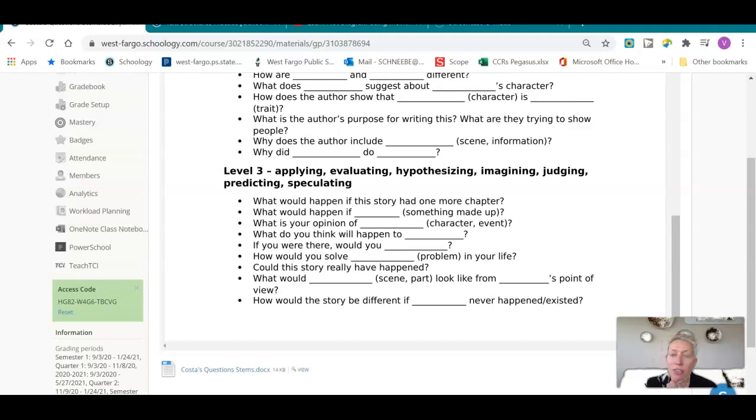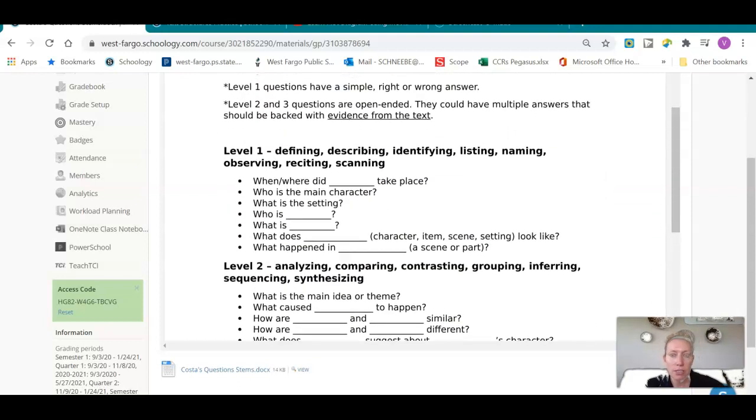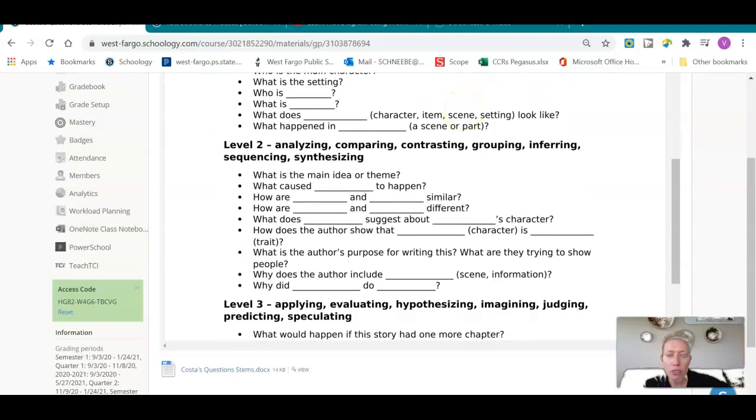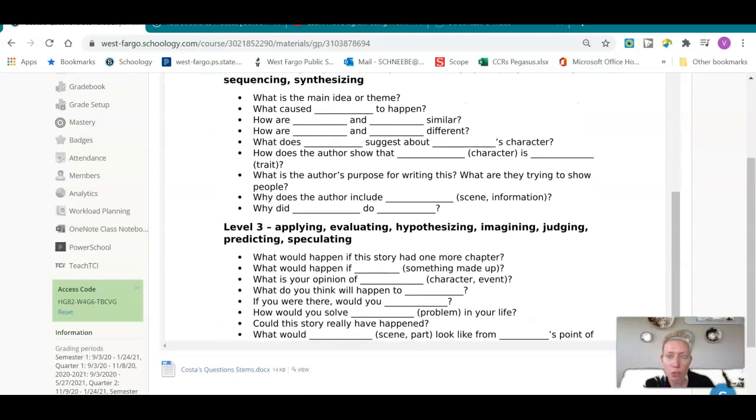When we start our novel, part of your assignment every day will be to come up with 2 questions. One question needs to be a thin question, a level 1, like this, and one question will be a level 2 or 3 question requiring a little bit more thought when answering.